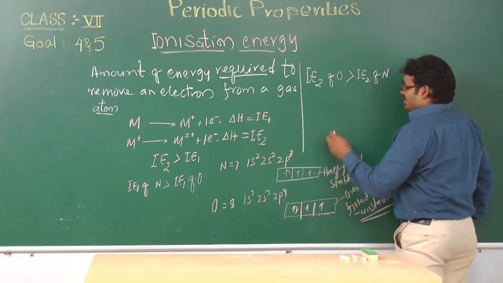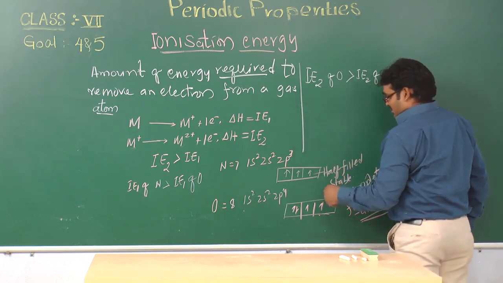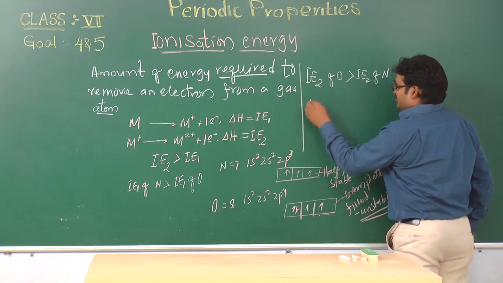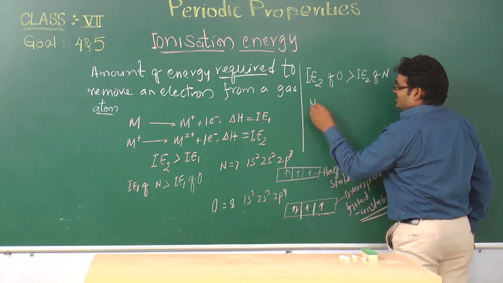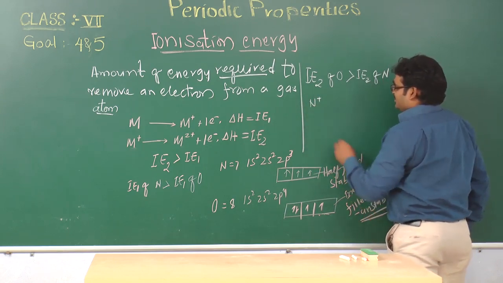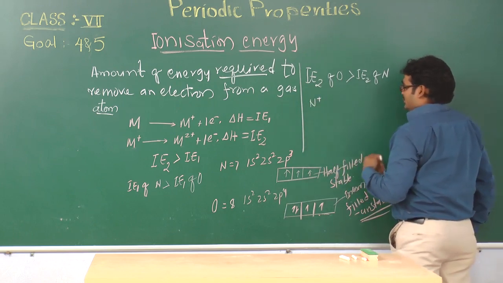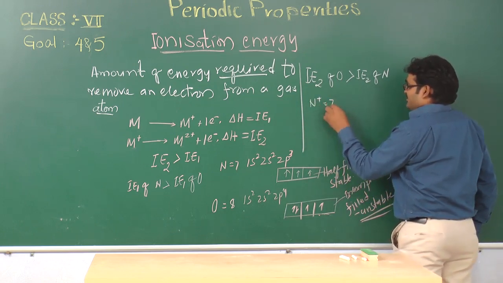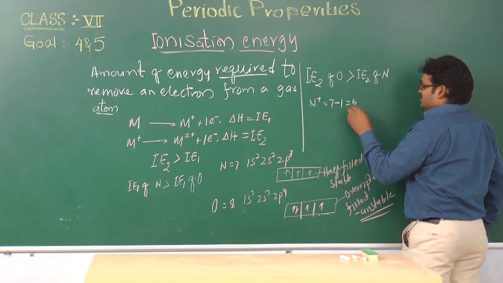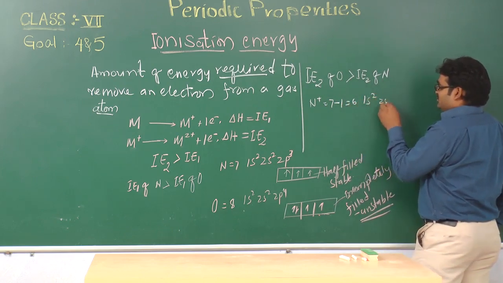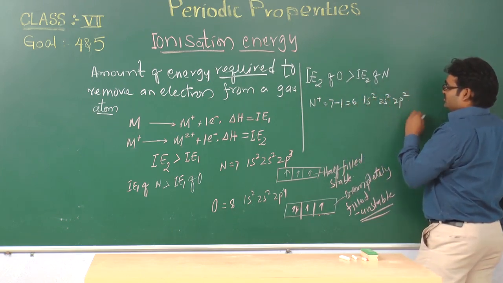Why? Because already one electron is removed from nitrogen, so it will be N+. From 7 we minus 1, it is 6, 1s2, 2s2, 2p2.